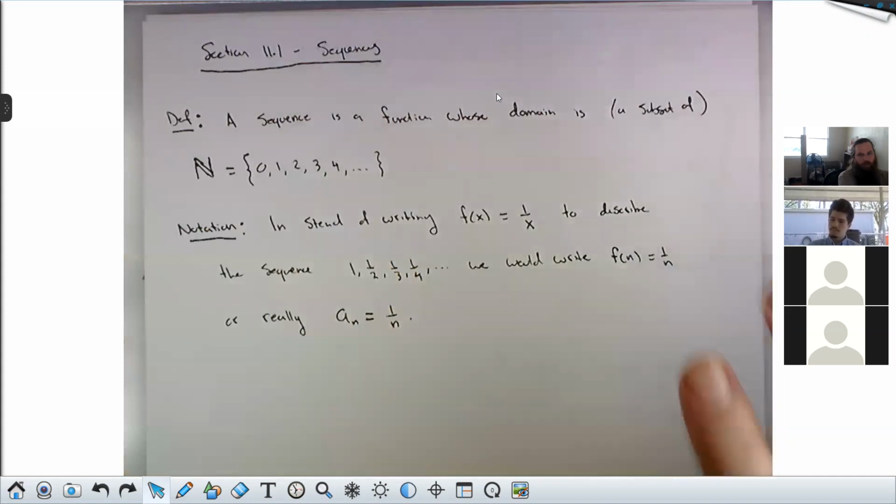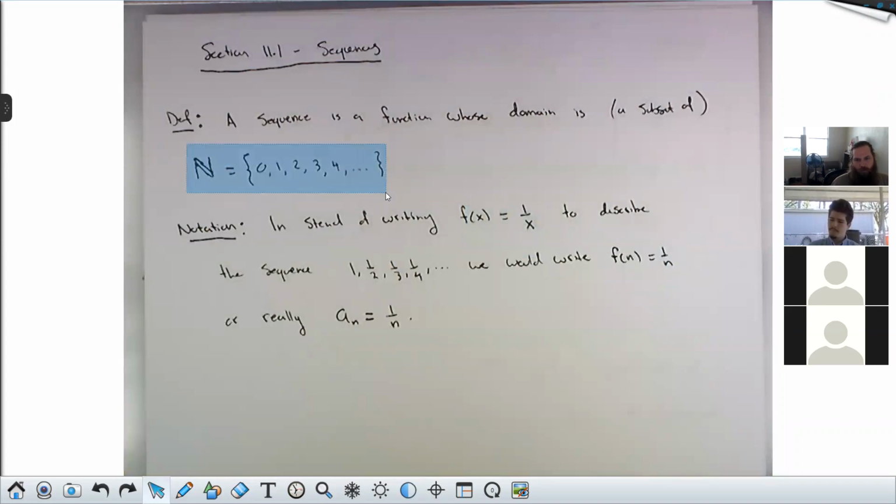So I'm just trying to introduce the little bits of notation one thing at a time. We use the variable n instead of the variable x because the variables here are only allowed to represent whole numbers. And instead of using the function notation f of something, we use the subscript notation, a sub something.